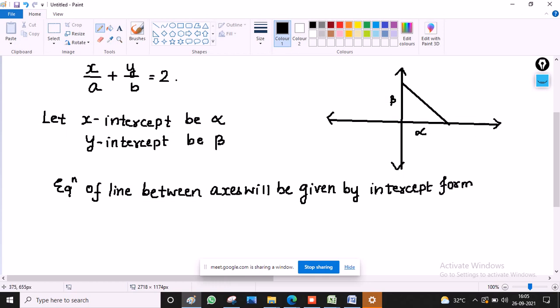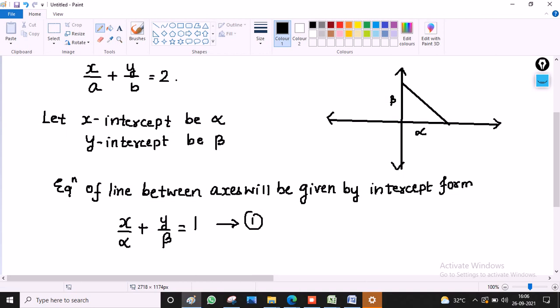And that equation will be x upon alpha plus y upon beta is equal to 1. Let this be equation number 1.